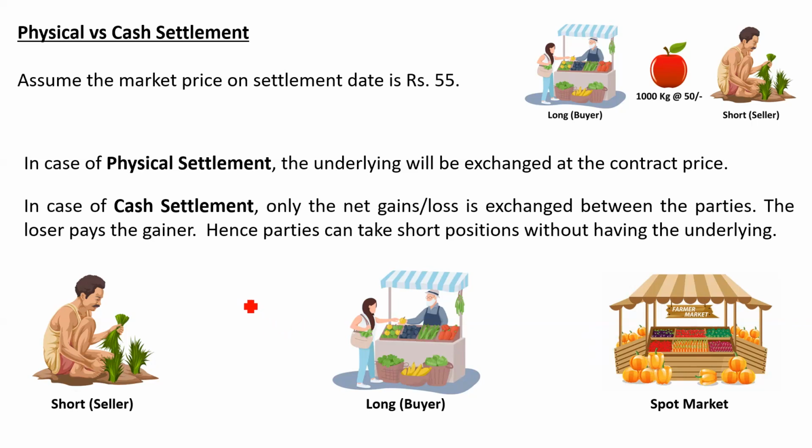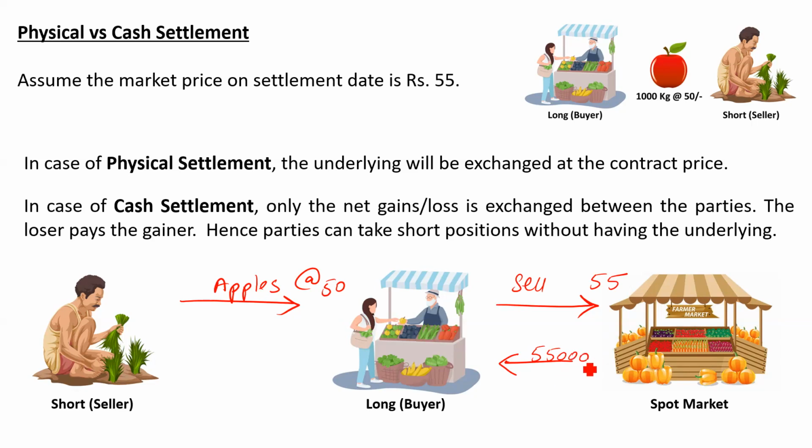Now, scenario one, physical settlement. The farmer is delivering the apples at 50. The wholesaler is able to sell the apples in the open market at a price of 55. So he is getting 55,000 from the spot market, or let's say the retail market.